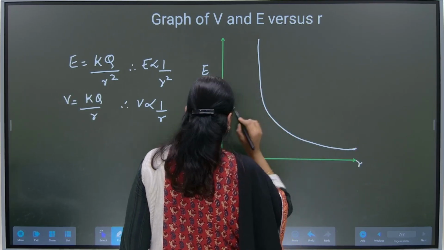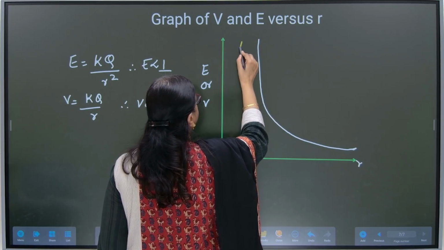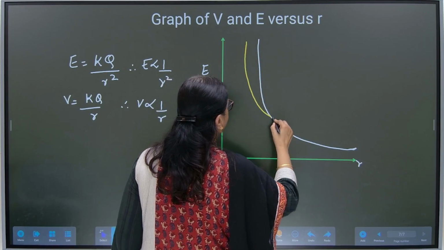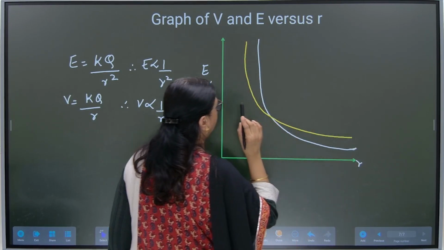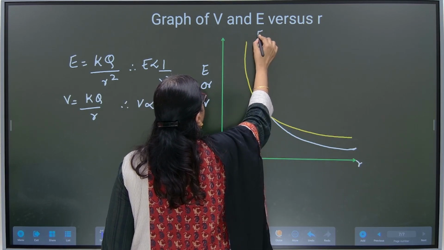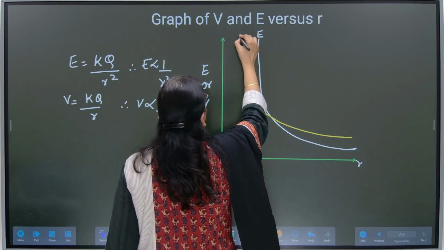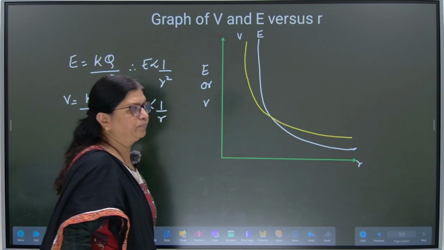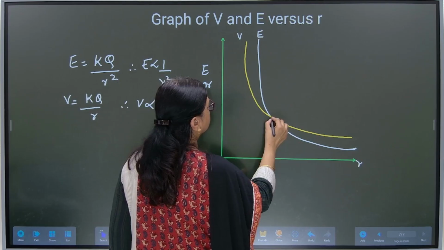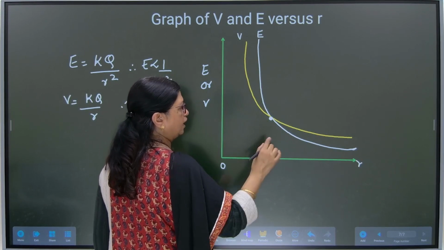Then let us draw for V. Both are inversely proportional to R. So this is the graph for E versus R, and this is the graph of V versus R. Now the question here can also be asked, can there be a point of intersection having the same value of E and V?